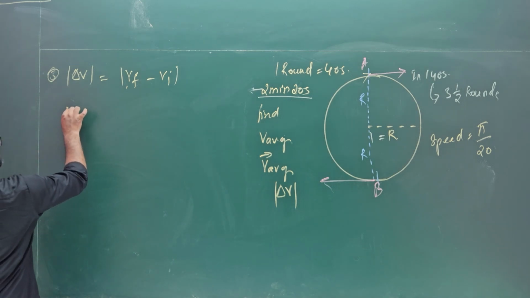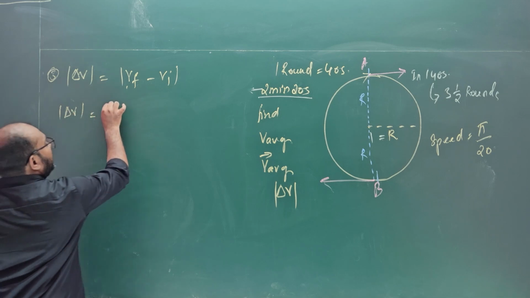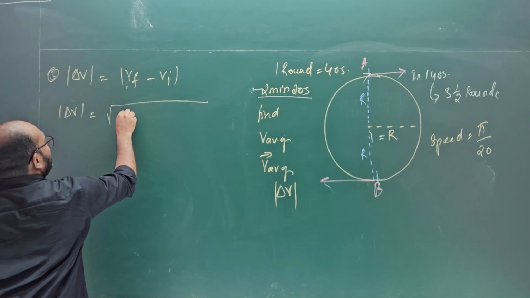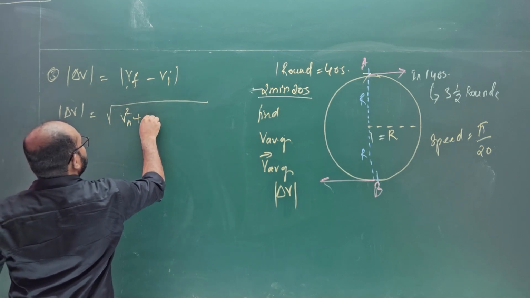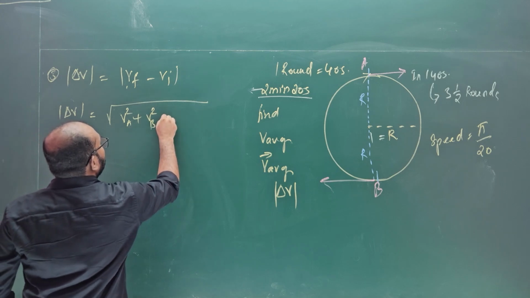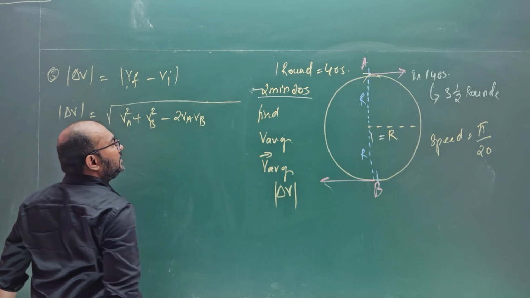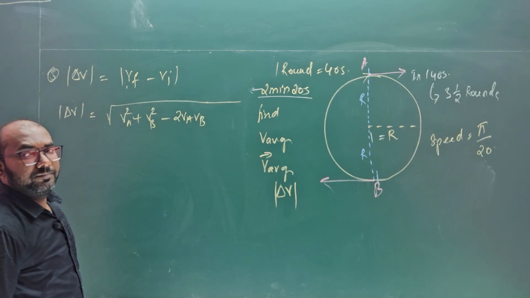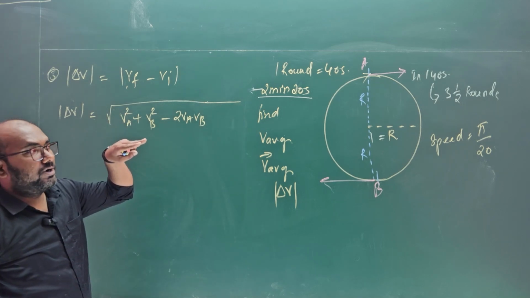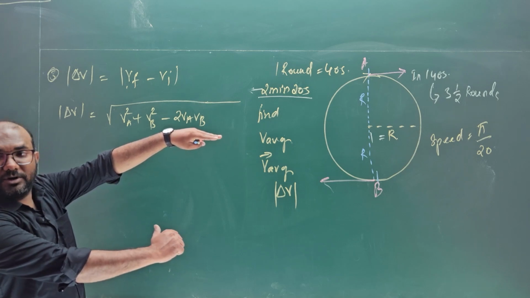The change in velocity can be calculated as the square root of VA square plus VB square minus 2 times VA VB cos of the angle. What is the angle between the velocities at A and B? At A, the body is moving in that direction, and at B, the body is moving in this direction.